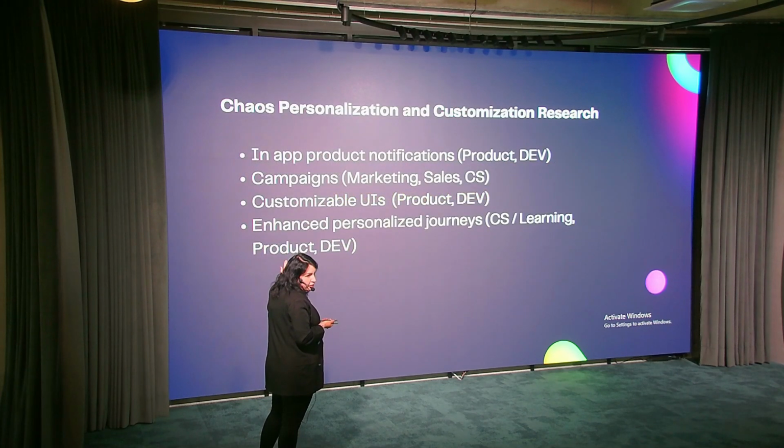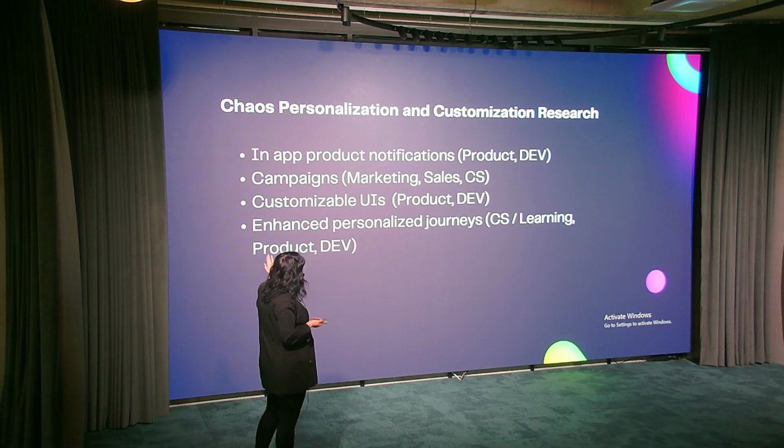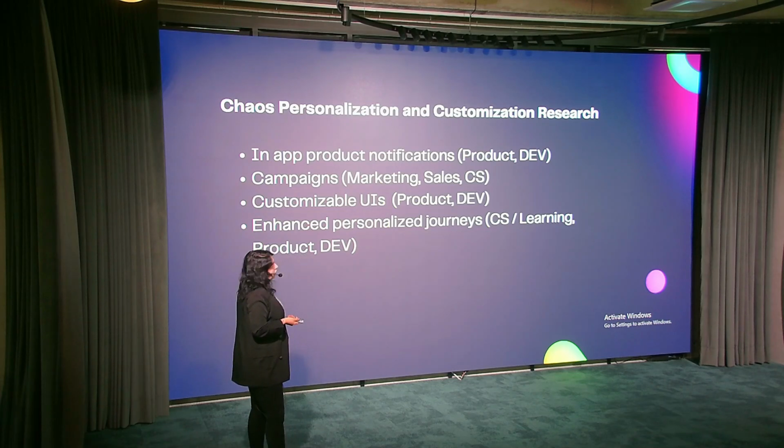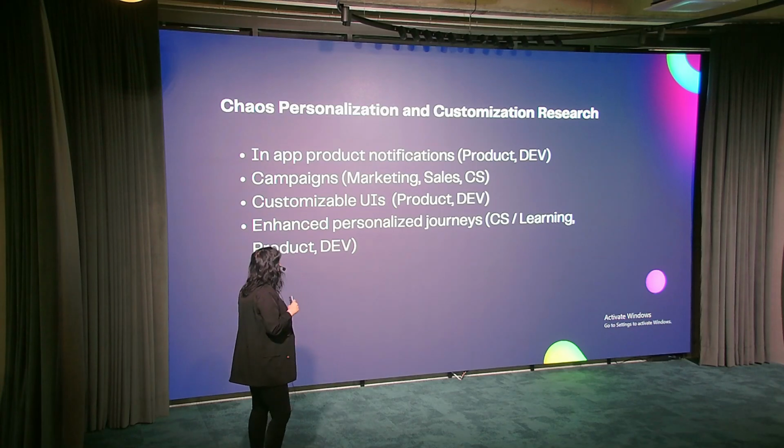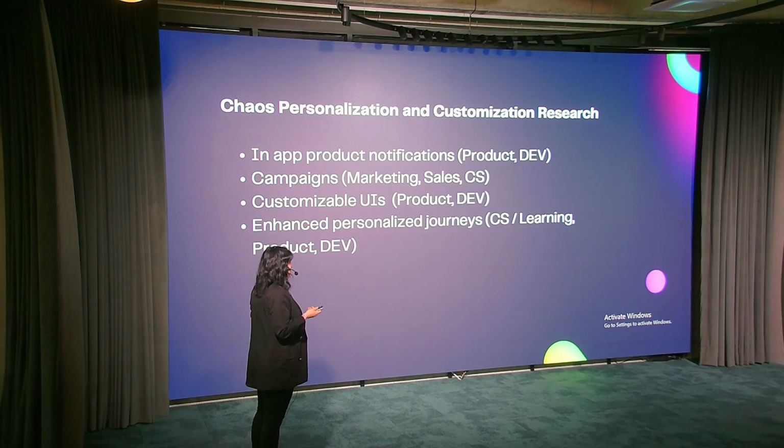Something like this for our personalization and customization research. As you can see, there are many different, let's call them, pillars of personalization and customization, and they all have different stakeholders. So in-app product notifications, campaigns for marketing, sales, customer success, customizable UIs, which is more our area, enhanced personalized journeys in product and outside of the product, which has customer success and learning team touch points, product and dev.